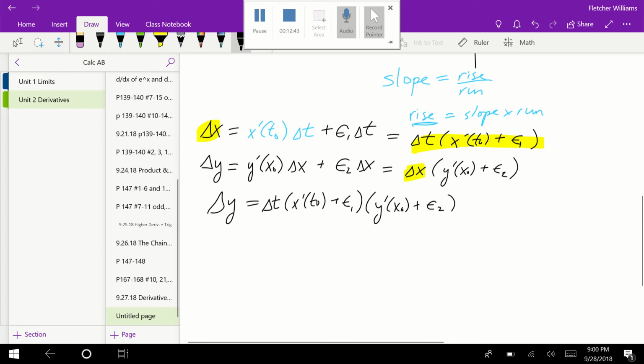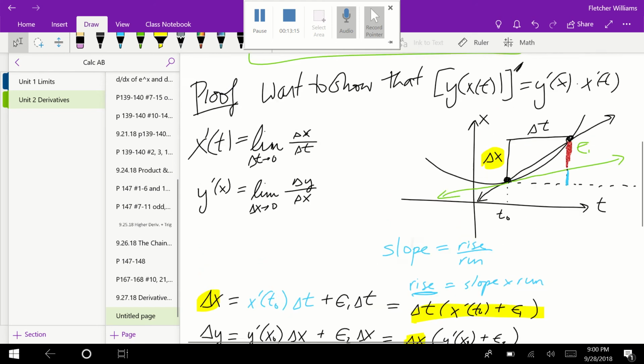Okay, almost there. If I divide both sides by delta t, I'll get delta y over delta t equals x prime of t naught plus epsilon 1 times y prime of x naught plus epsilon 2. The next step comes by seeing that I'm looking for the derivative of y with respect to t.